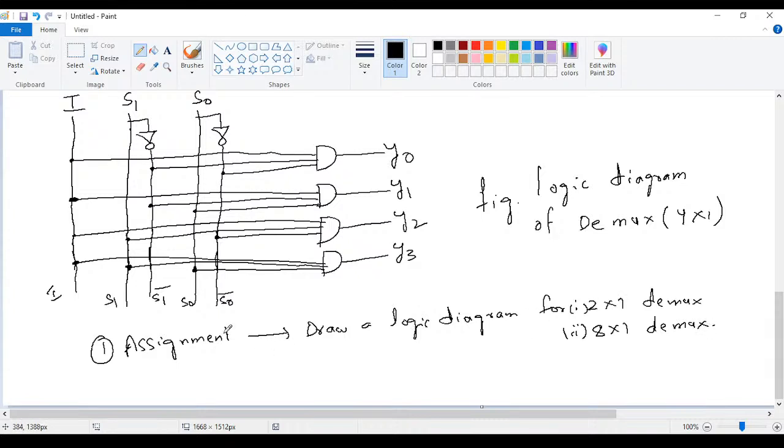So this is what you can practice. I have given the 4/1 mux yesterday, sorry, demux: the 1/2 demux and the 1/8 demux.